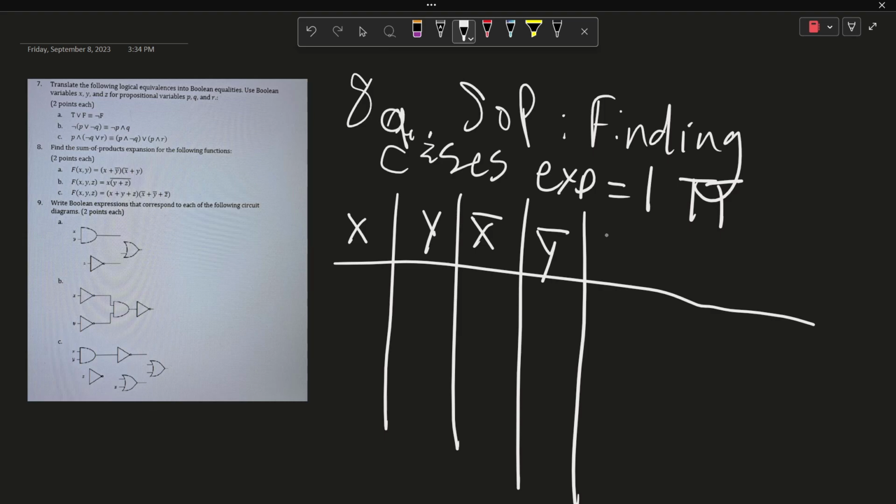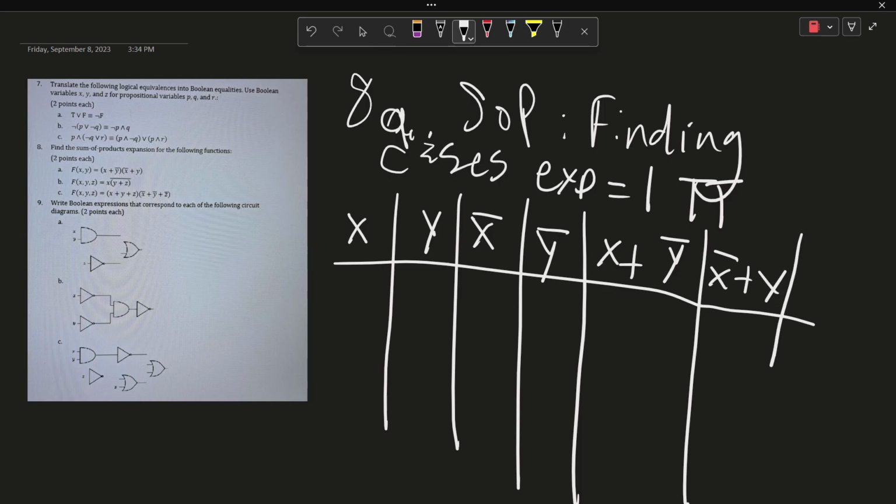And then what you want to do to simplify it is you also want to break the expression down. So it's x naught plus y, I believe. I'm not going to write the whole thing because I'm running out of space there.